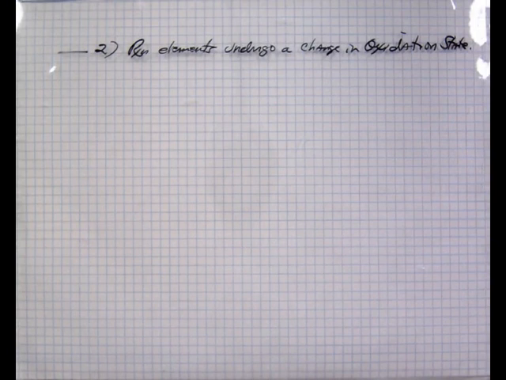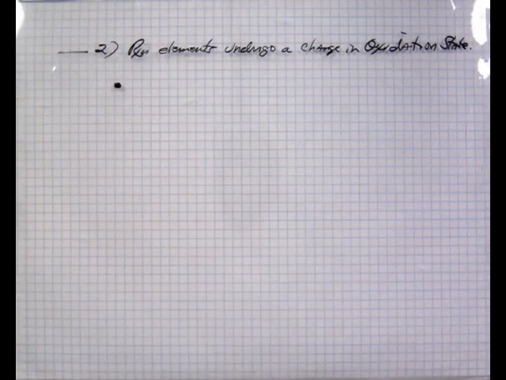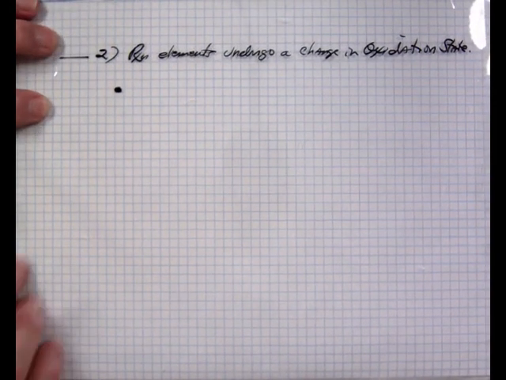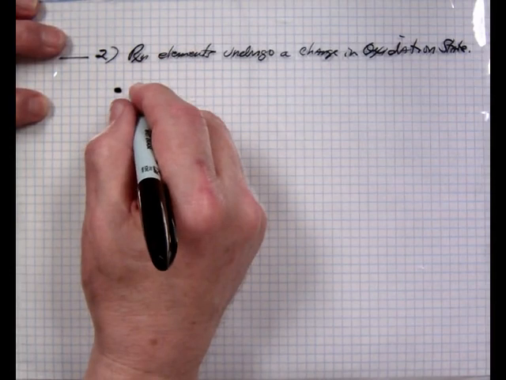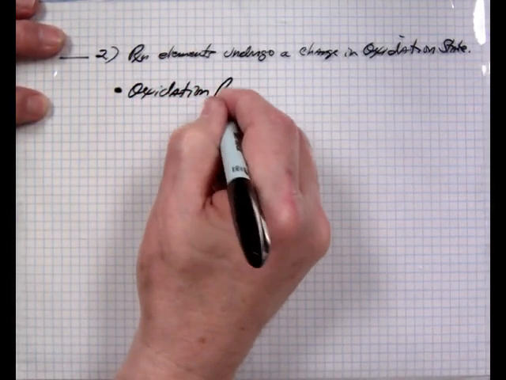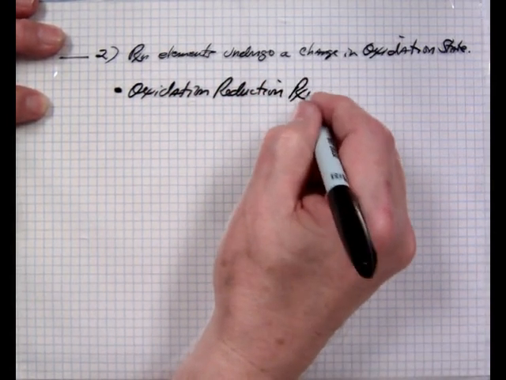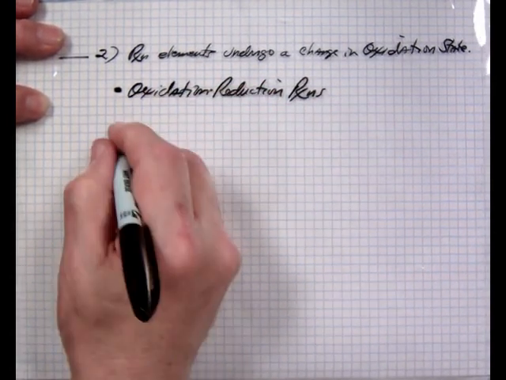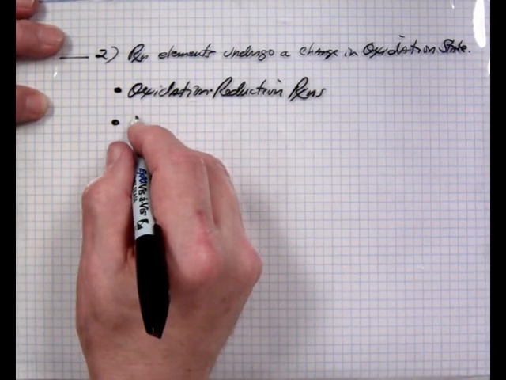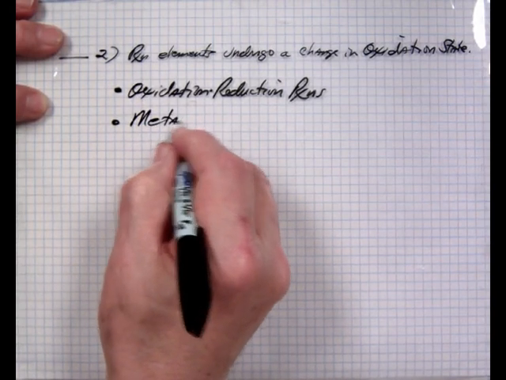There are two classes of reactions that we are going to be focusing on. One class of reactions is oxidation reduction. And another class will be a double replacement, as some people call it, but it is typically referred to as a metathesis.